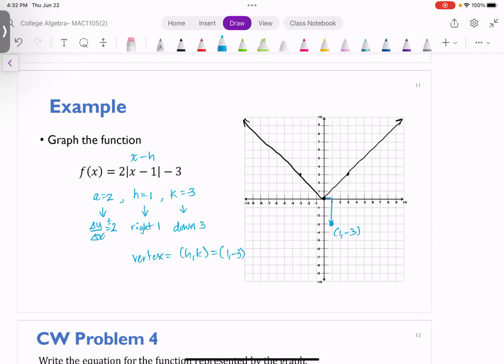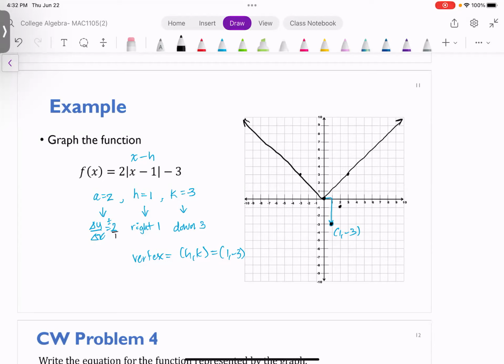Then, instead of shifting my other points, I'm going to locate the position of new points using the slope of 2. So when I say that my slope is positive 2, I'm talking about the slope for the segment that's on the right side of the vertex. So my change in y is 2, my change in x is 1. So I'm going to go right 1 and up 2.